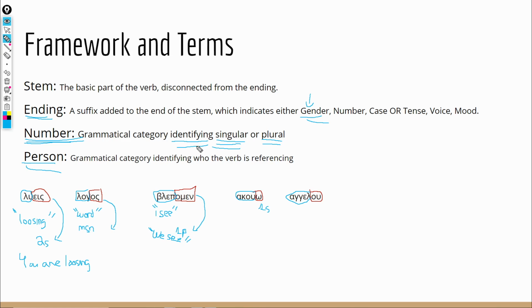You can't look at identifying and already know number or person. You just can't. That's not how English works. Whereas in Koine, how the New Testament uses verbs, we can take away all of this really cool information out of it.